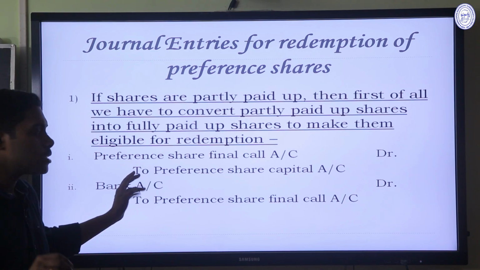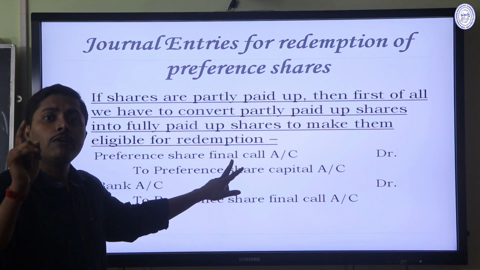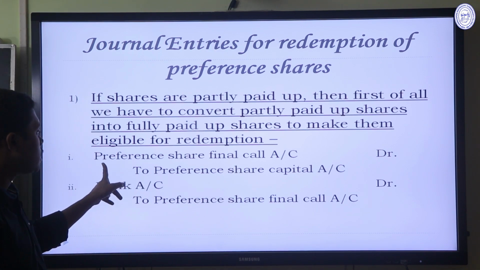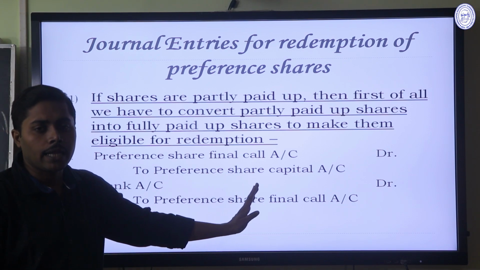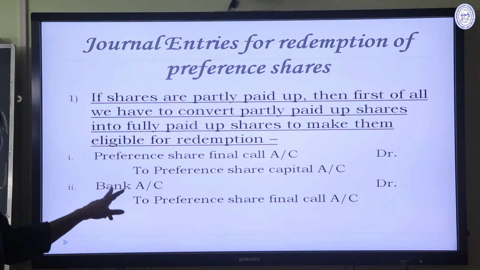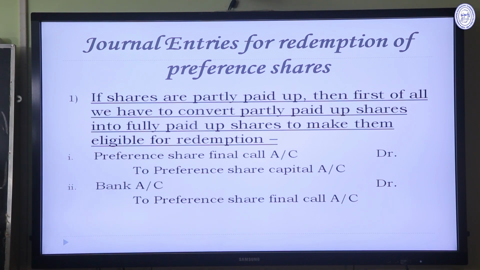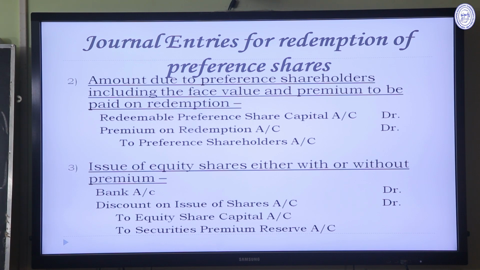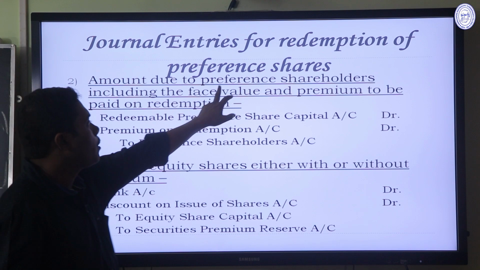For this purpose, first of all you have to make a final call on the preference shares which are partly paid up, and for this the journal will be preference share final call account debit to preference share capital account. Then you will receive the final call money, that is bank account debit to preference share final call account. Then the amount due to the preference shareholder at the time of redemption.